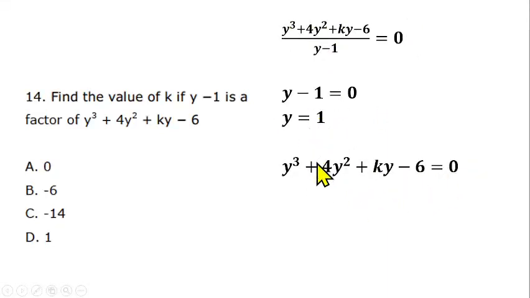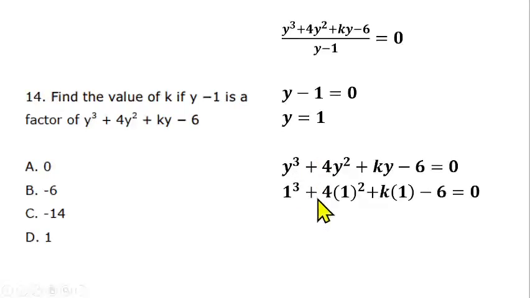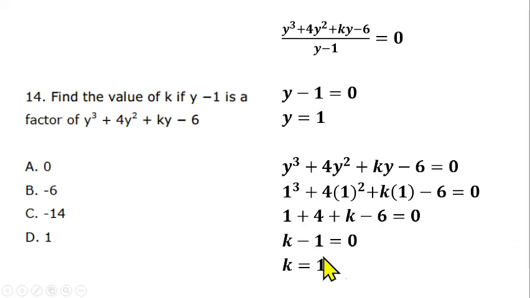So put y equal to 1 here: 1 cubed plus 4 into 1 squared plus k into 1 minus 6 equals 0. 1 cubed is 1, then 1 squared is 1 times 4, that gives us plus 4 plus k minus 6 equals 0. So 1 plus 4 is 5, minus 6 gives us minus 1, then k will be 1. So our k is 1, which is option D.